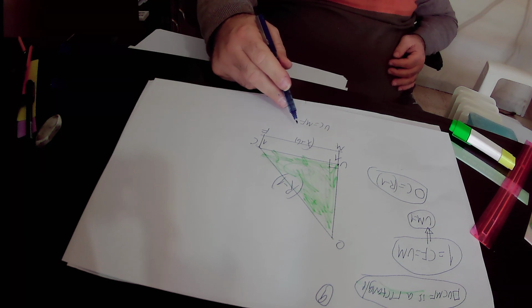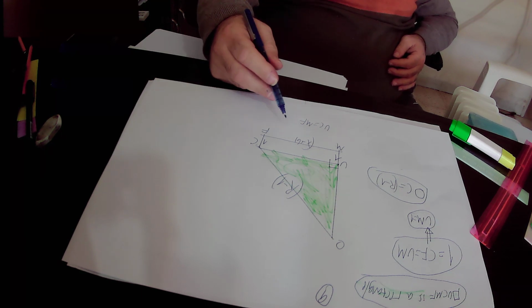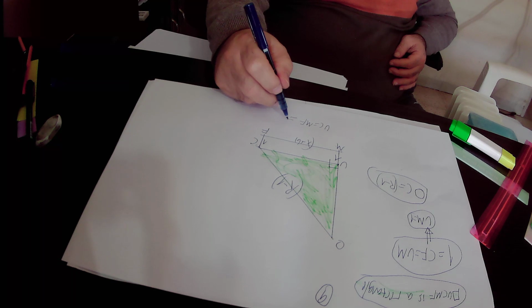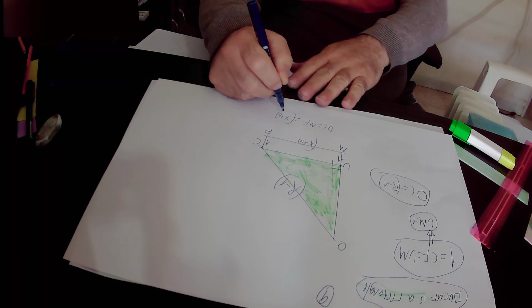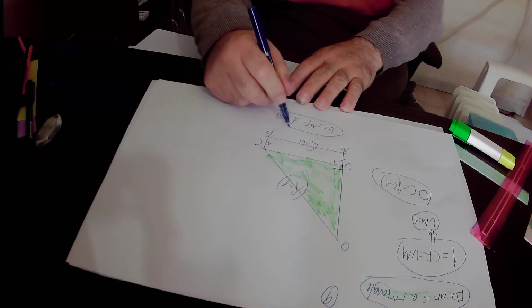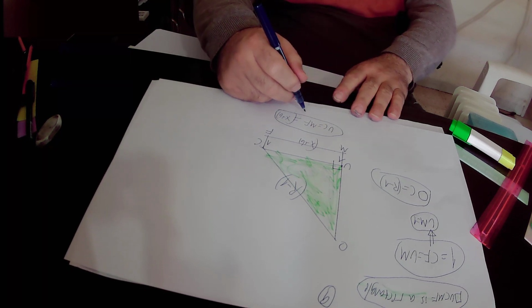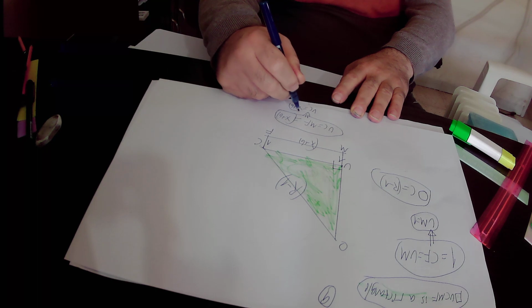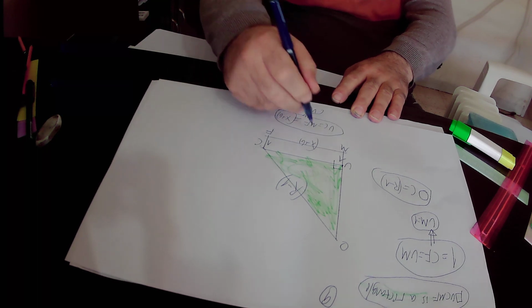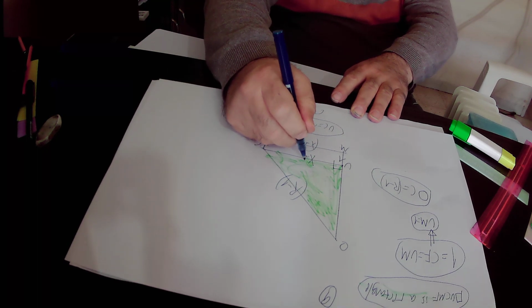But we already found out that MF is equal to x plus 6. From this equation, UC equals MF equals x plus 6, we will conclude that UC is also equal to x plus 6.